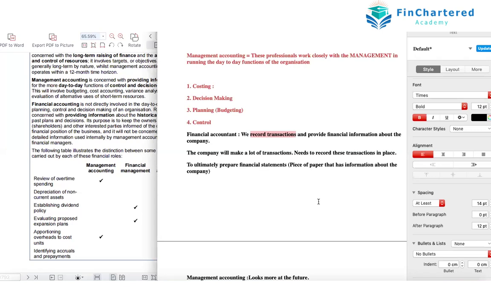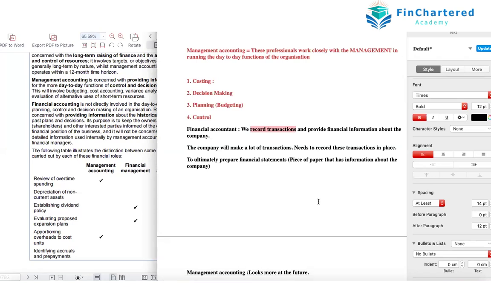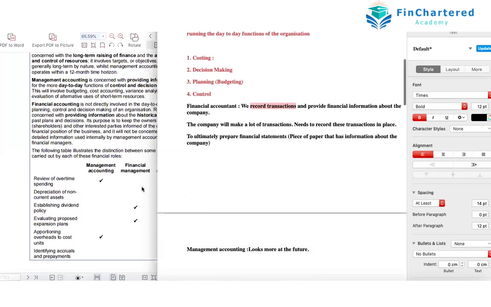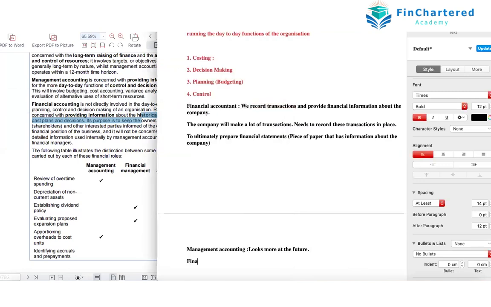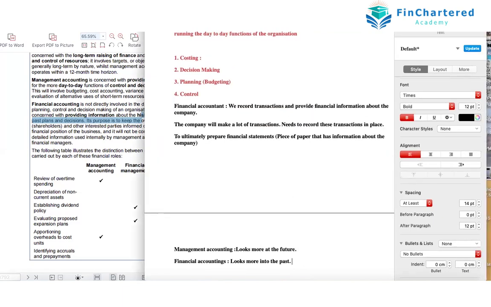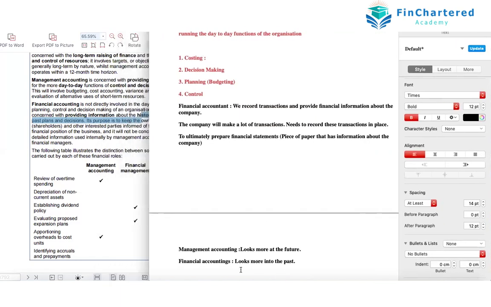So in financial accounting, you record past transactions. Again, it's more about historical information. Financial accounting looks more into the past, and this is there in a lot more detail in the FA paper. Even if you got an exemption, what I'm explaining here was explained in too much detail in the FA paper.